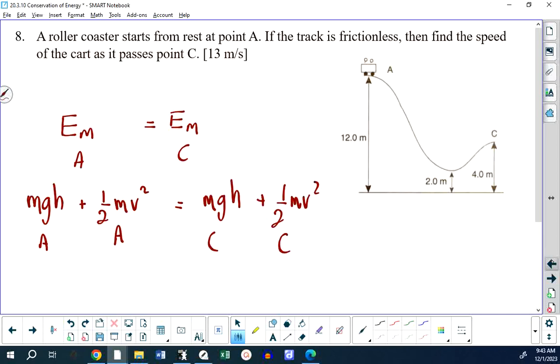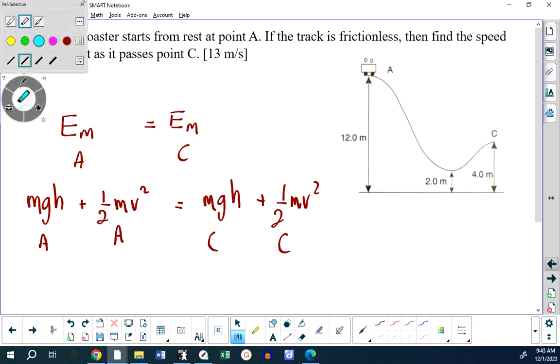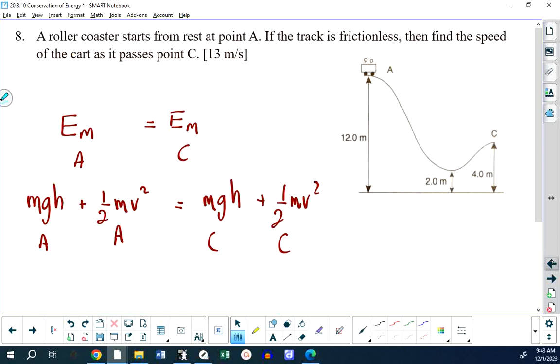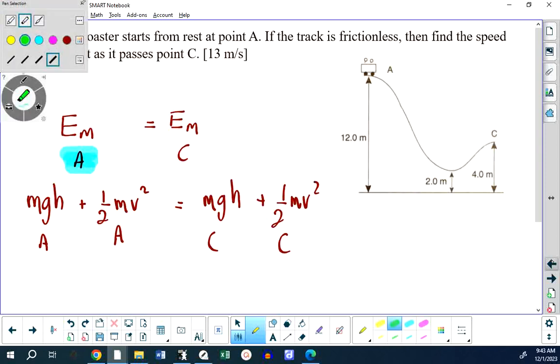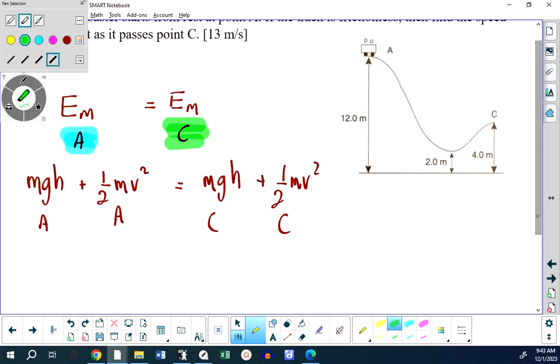I mean, the left-hand side of the equation is already labeled as A, and the right-hand side of the equation is already labeled as C. I don't know that we need those subscripts. But now we can start customizing this.